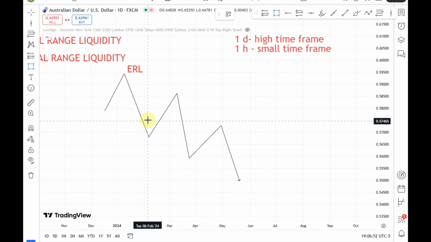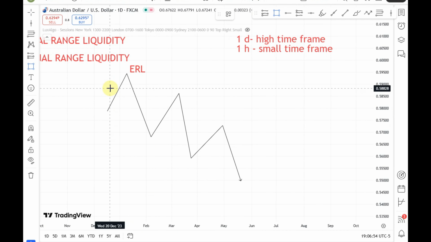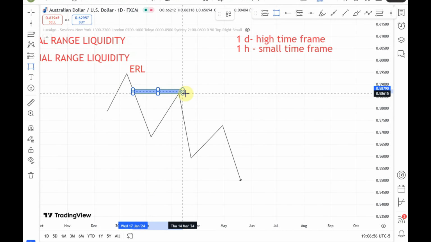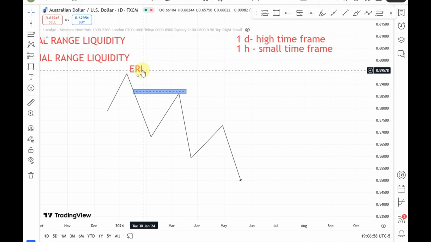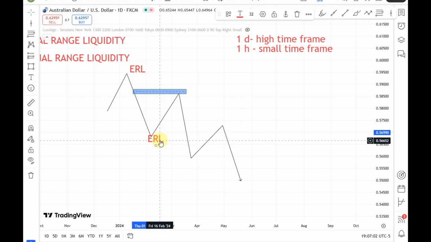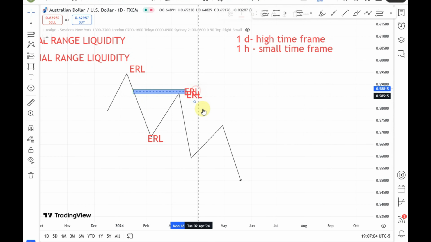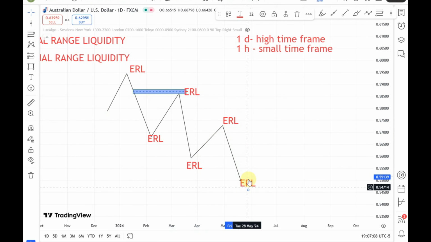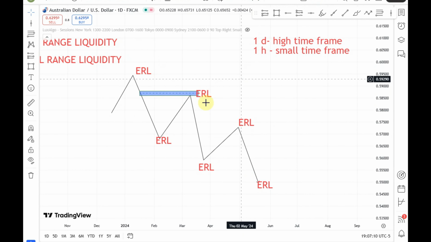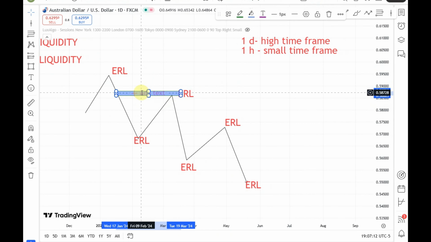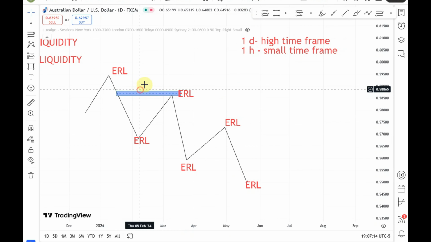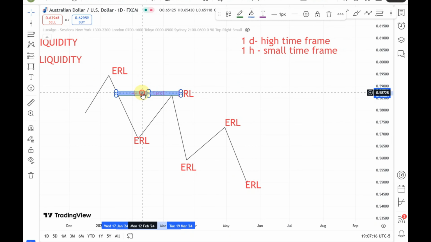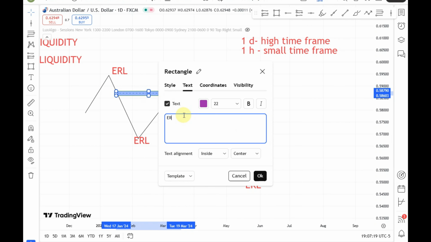So maybe there is some fair value gap here. This is a bearish market. So this is our internal range liquidity, IRL.